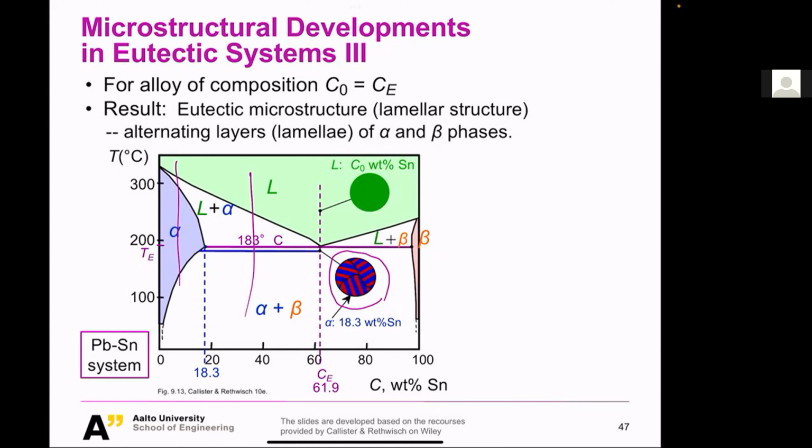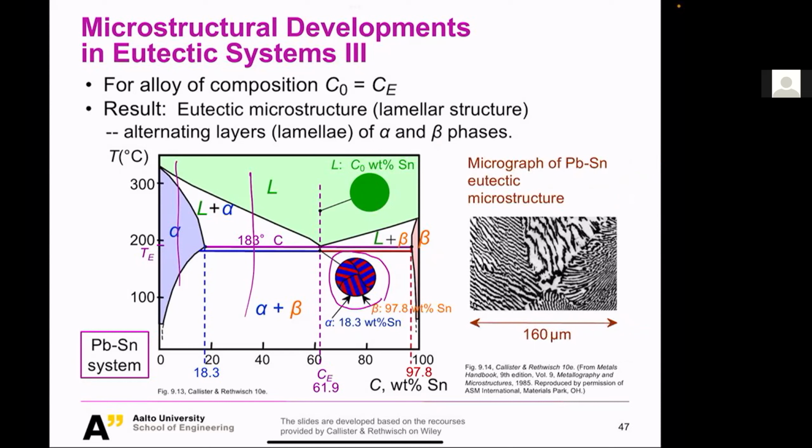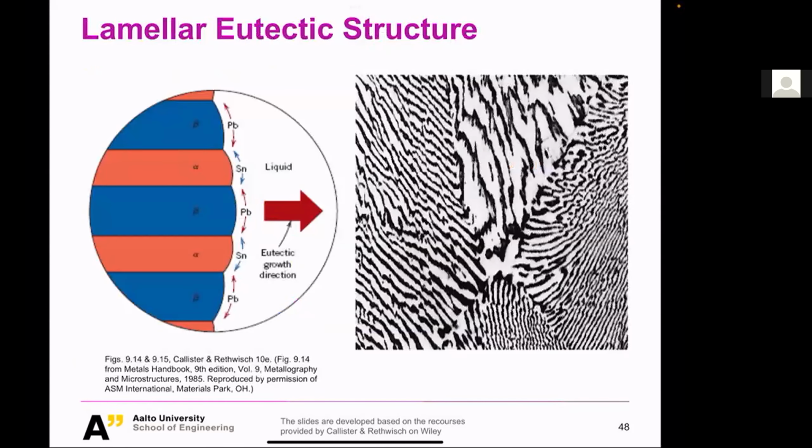Now, this is a very unique point of this eutectic composition. Now I think you get it. And here I'm showing you a figure of how it looks in a real microstructure, let's say a microscope figure. So you see this black and white, they're representing the alpha and beta phase of your system.